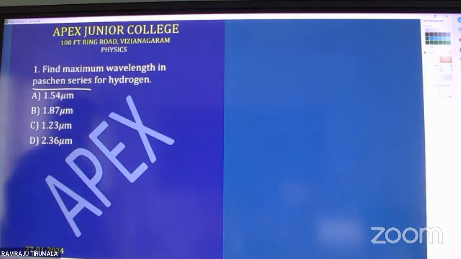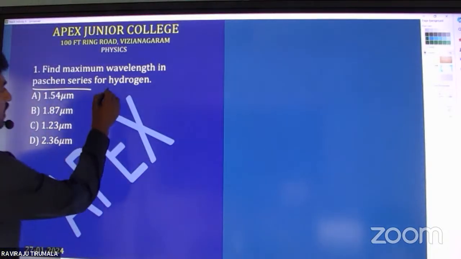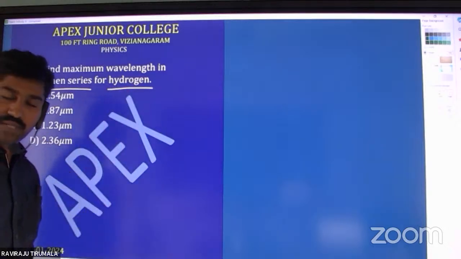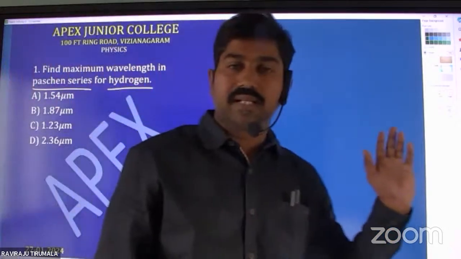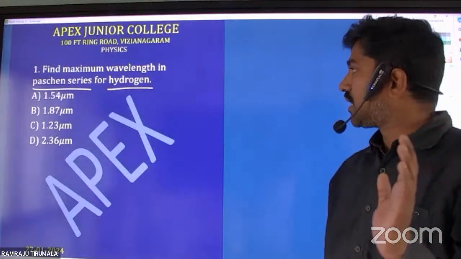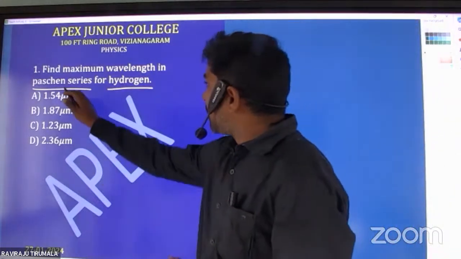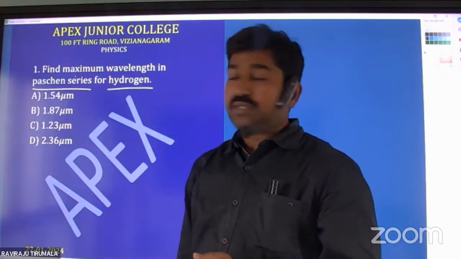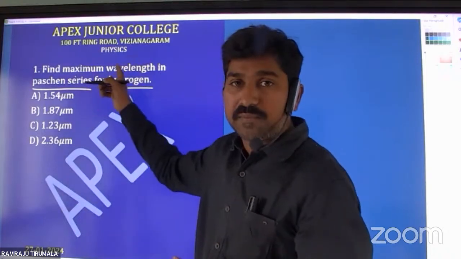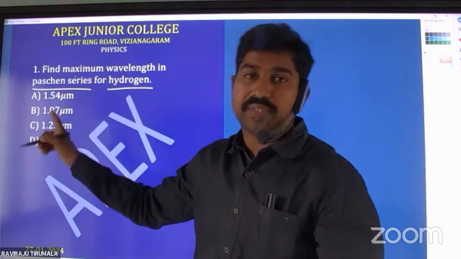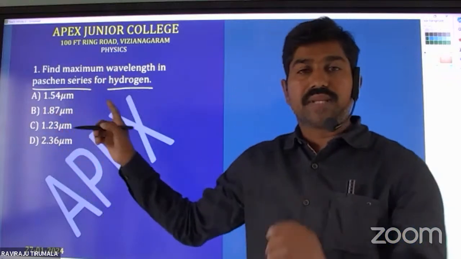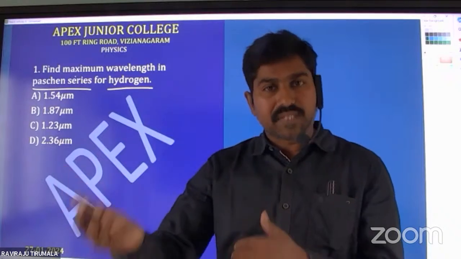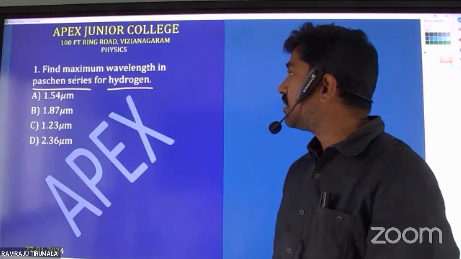From higher to third, when the electron jumps, the series is named the Paschen series. And what type of atom is taken? The hydrogen atom. For hydrogen, atomic number Z is equal to 1. With this information, they are asking us to calculate the maximum wavelength. Wavelength is maximum means frequency is minimum, as both are inversely proportional.